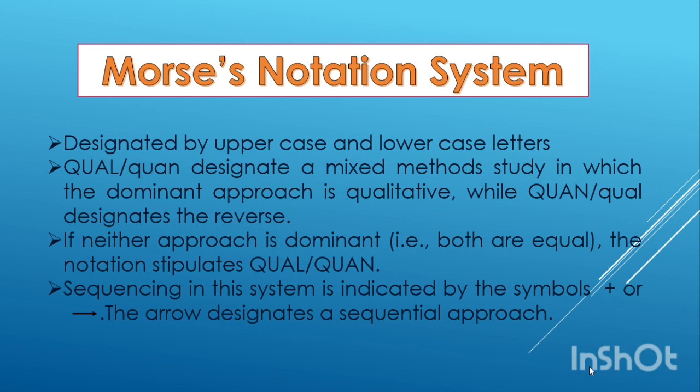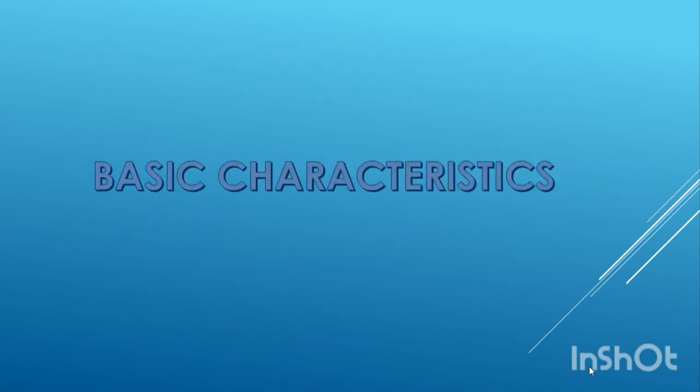Pero pag ang quan naka-uppercase, mas taas pod ang imuhang gigamit nga quantitative research approach, mas gigamit nimo ang surveys, ang papers, ang numbers. Pero pag parehong naka-uppercase, ang duha very balanced, nagamit ka og surveys at the same time na ka-interview gi-conduct. Okay? Sequencing in the system is indicated by the symbols plus or minus or arrow. The arrow designates a sequential approach.